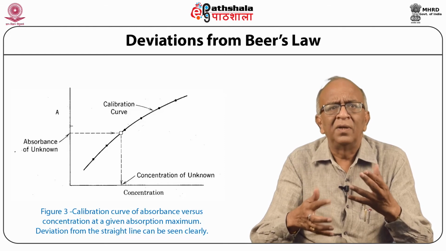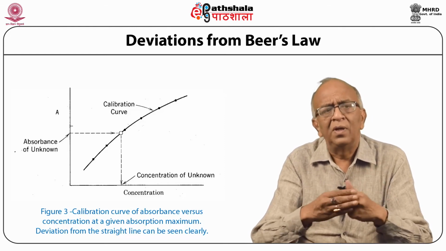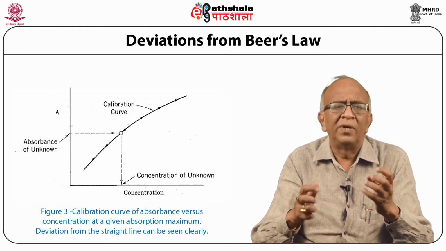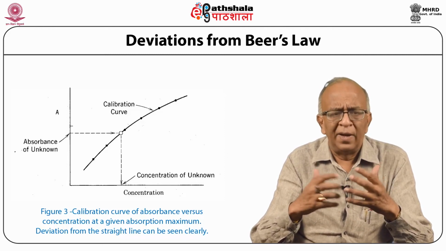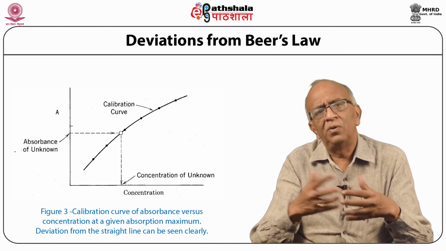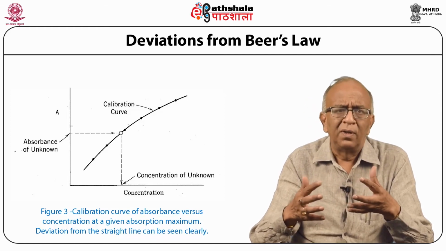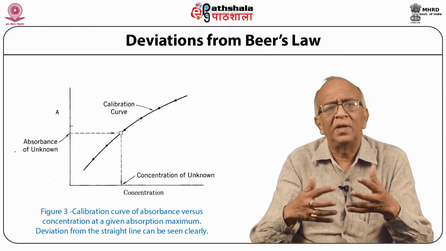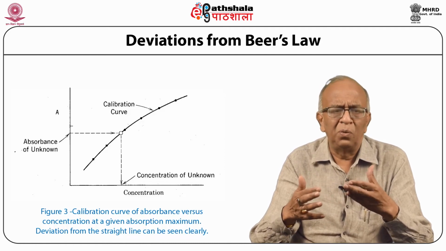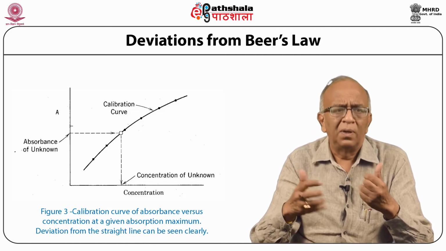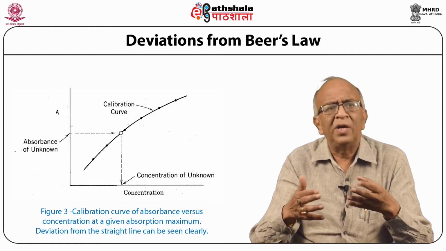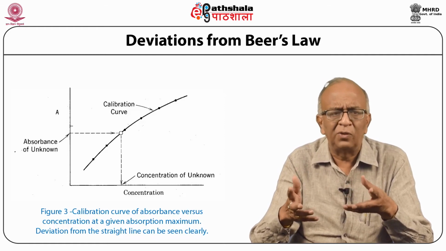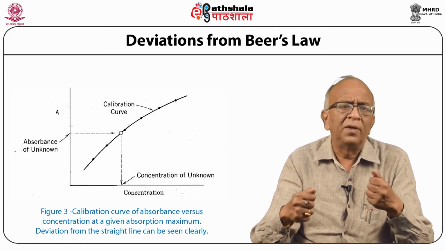Due to that, there is deviation from the straight line, which is known as deviation from the laws of absorption. Another reason for deviation may be instrumental reasons, due to fluctuations in the instrument, or stray radiation passing through the instrument.